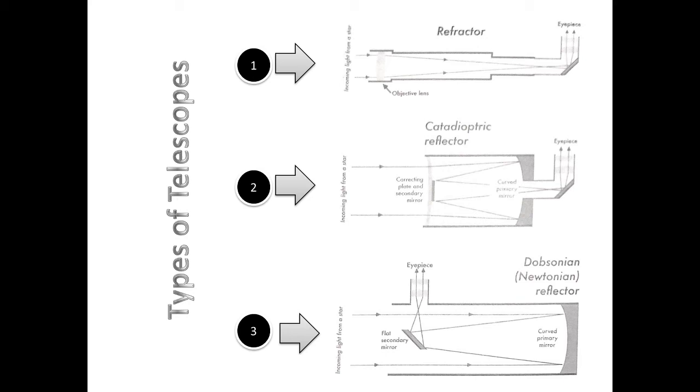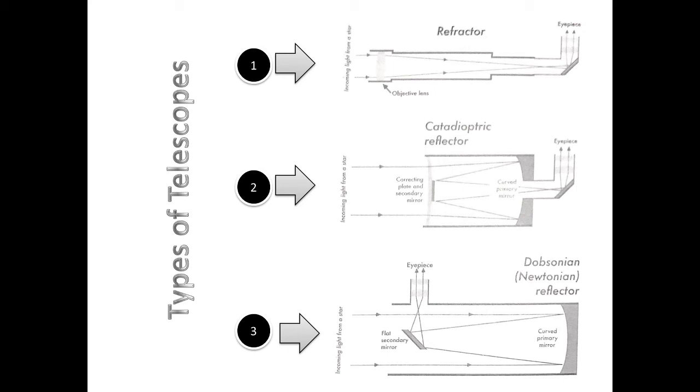Obviously, the wider this lens or mirror, the more light can be caught, and the more light is caught, the brighter it makes the dim objects appear. Thus, the first important measurement you should know about your telescope is the diameter of the objective. That is what we call aperture.